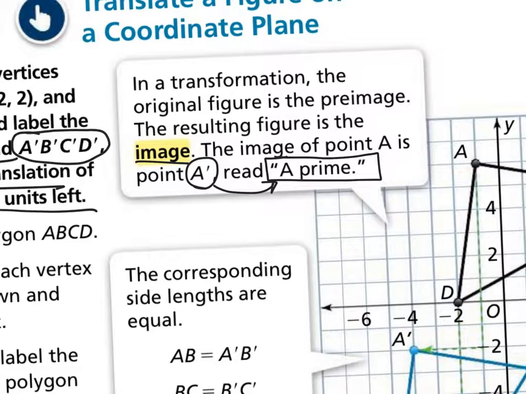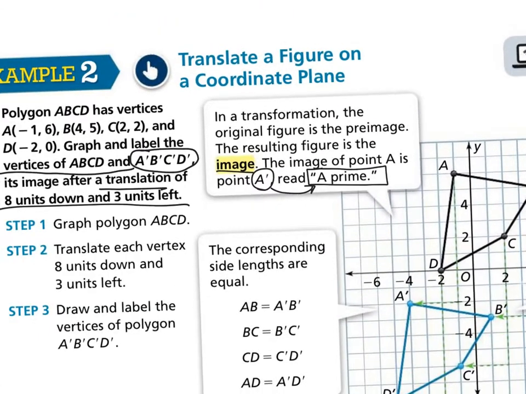Okay, so if you take a point A, let's say, and you move it somehow, our new point is going to be A prime. That just allows us to distinguish between what was our original point and what was our new point. Okay, so make sure we put primes on our new points when we do these problems.